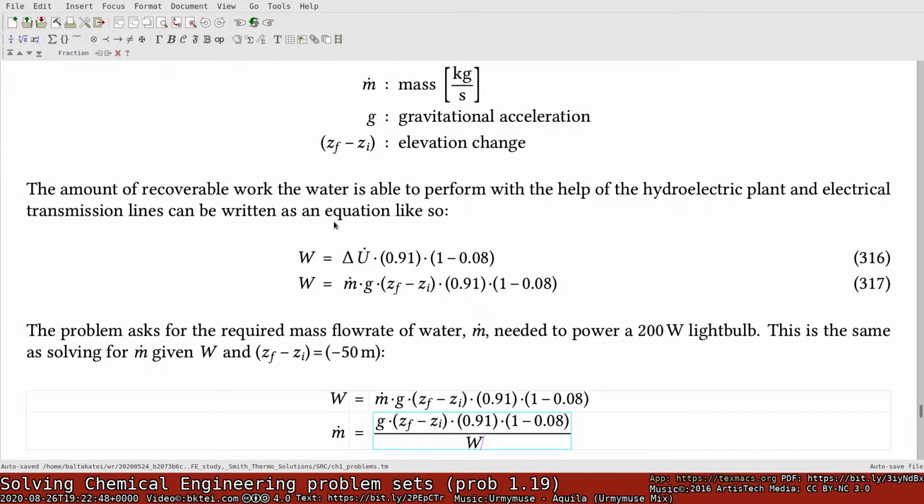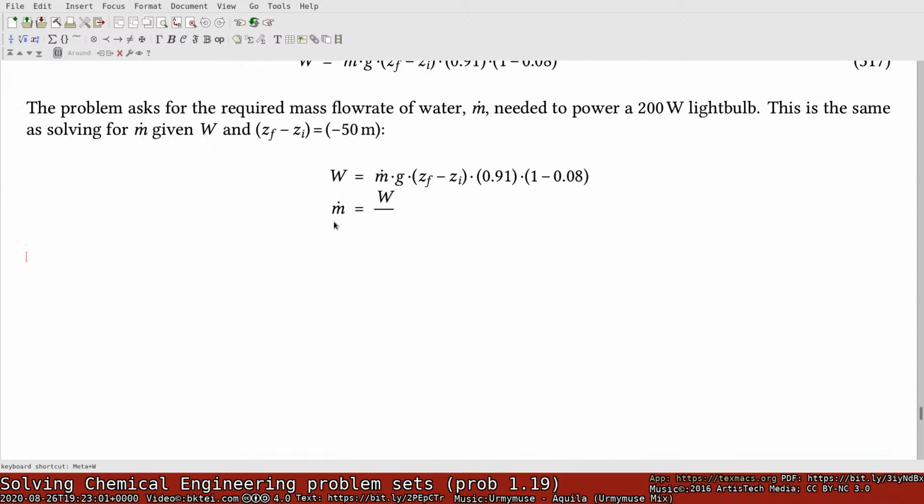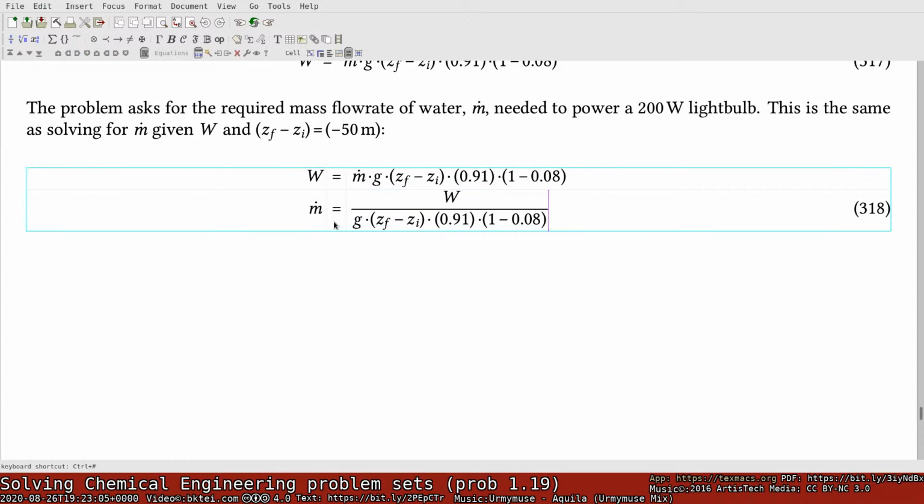No, other way around. M dot equals W over this mess. And yeah, that should work out.